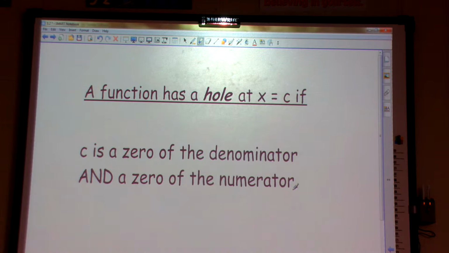So what this means is if I plug in c into the bottom, I'm going to get 0. And if I plug in c into the top, I'm going to get 0 as well.